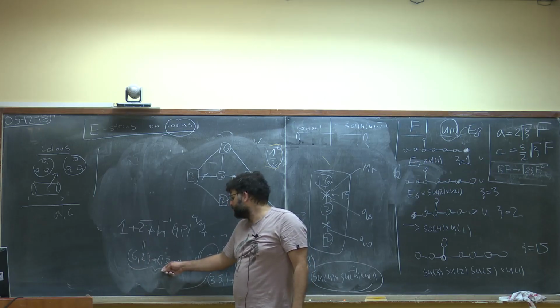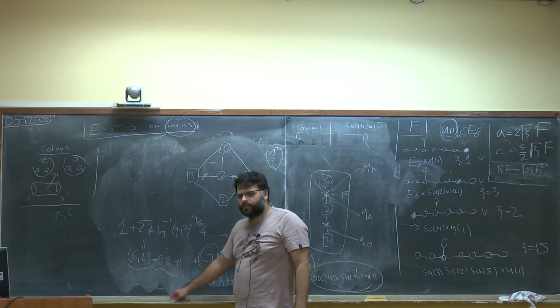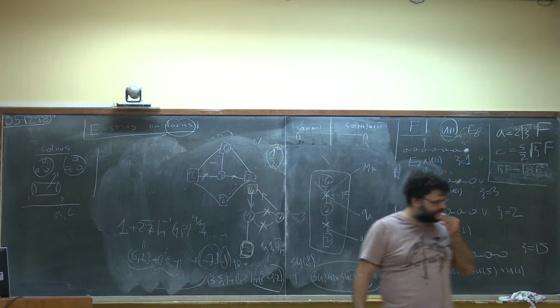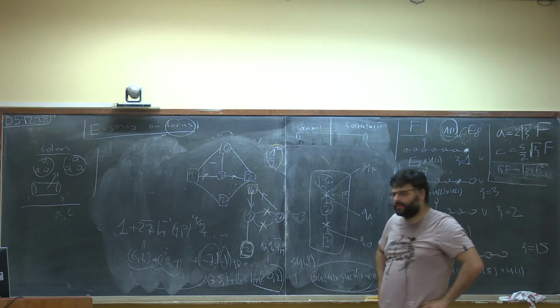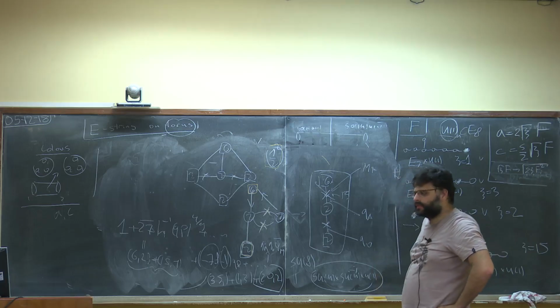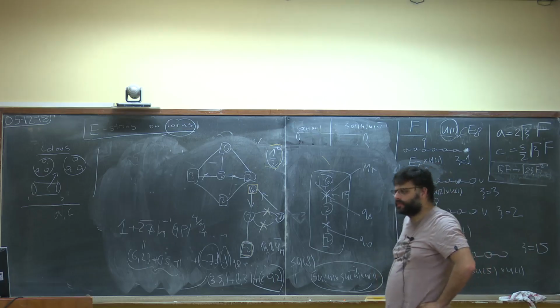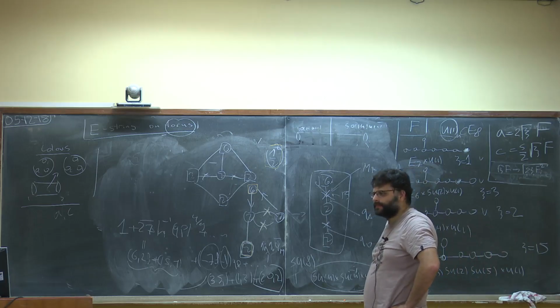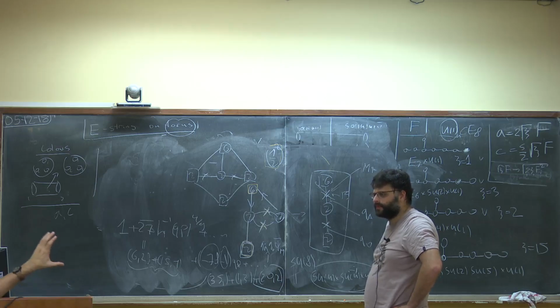So how can this be? Suppose the UV symmetry was SO3 and the IR symmetry was SO6 or something like that. Right. So there's some vector of SO6 that is uncharged under SO3.